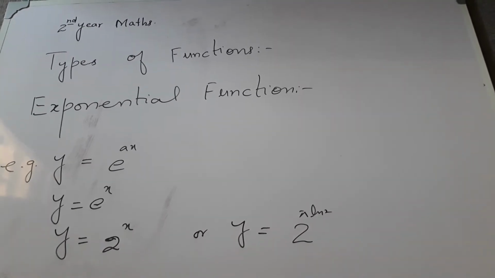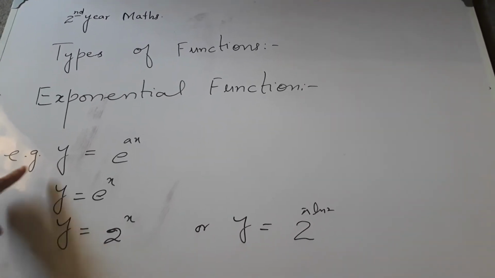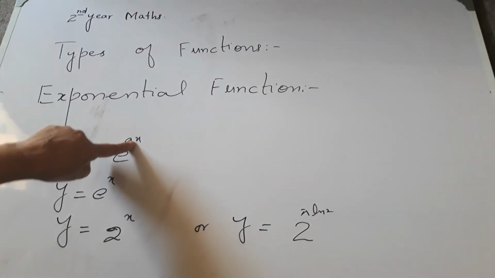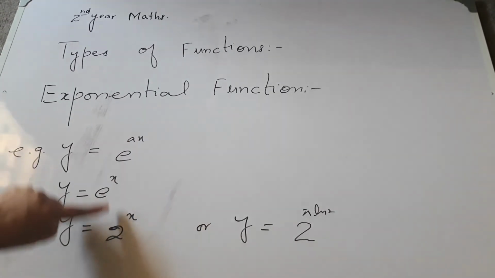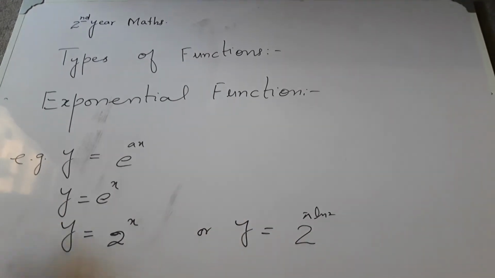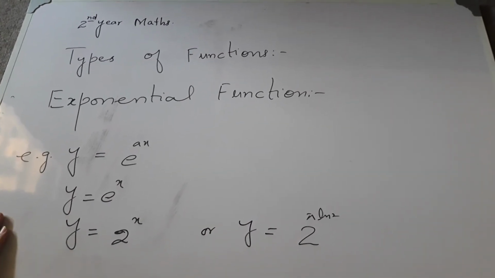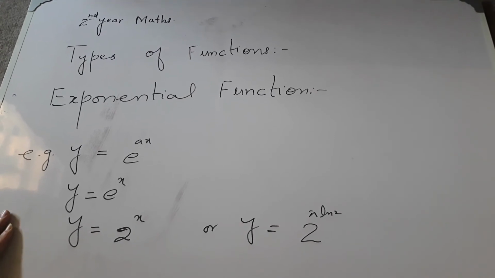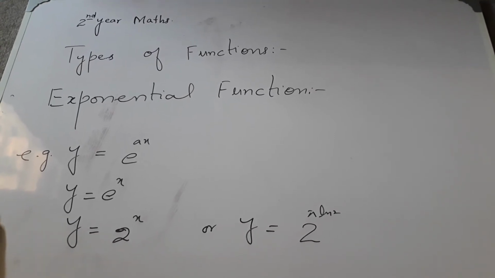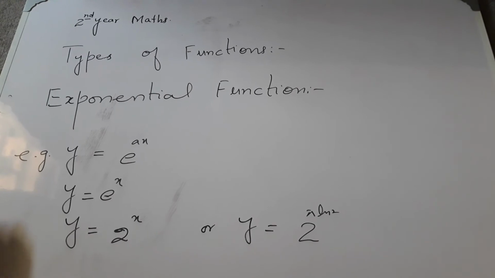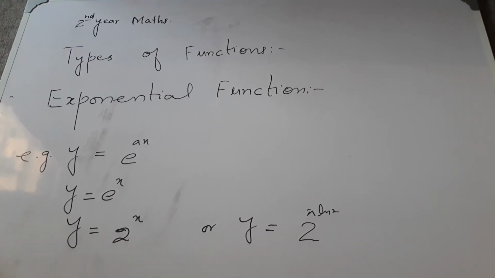You can see, students, in every function the variable occurs as an exponent, so this is called the exponential function. Very easy, you can define this. Whenever the variable occurs as an exponent or in power, the function is called the exponential function.